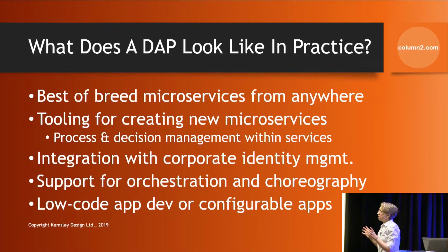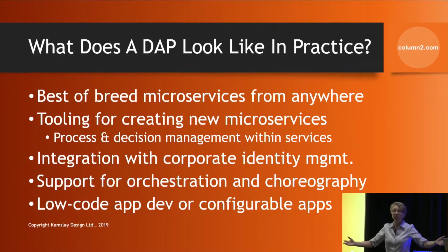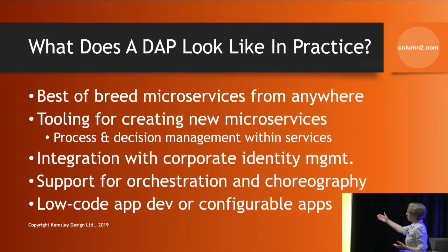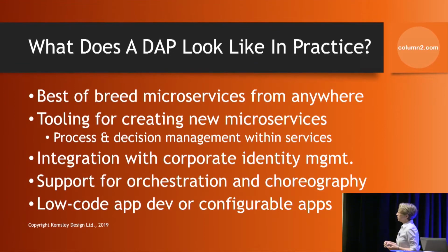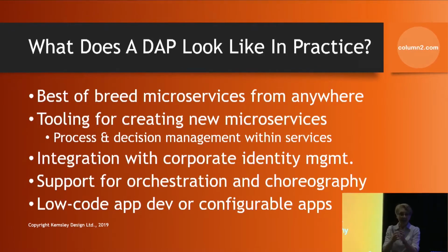So you want to have the ability to have in-house developers create new microservices that they might use themselves or make available to other developers within the digital automation platform. So that means if you're doing, for example, process management within a service, you have your process payment microservice, you might have a self-contained, full state engine BPM capability, a process orchestration within that service.